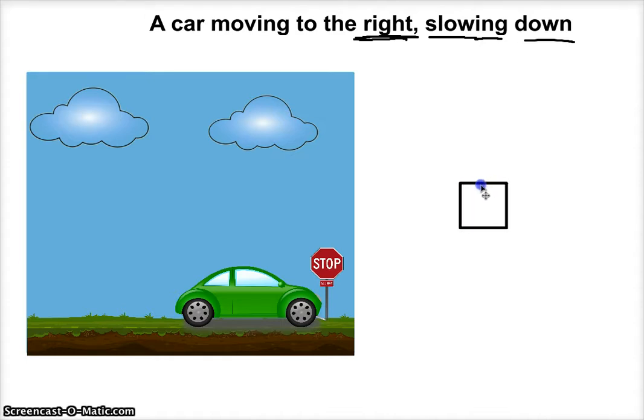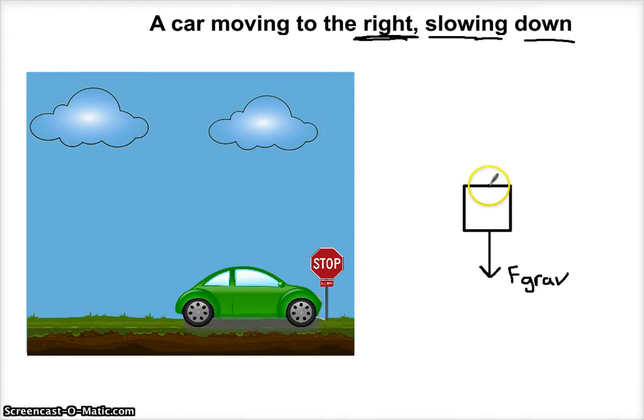Let's get our box to represent our car. And you know it. We're going to have an arrow pointing down, and we're going to label that the force of gravity. Now, our car is not a flying car. It's staying on the ground.